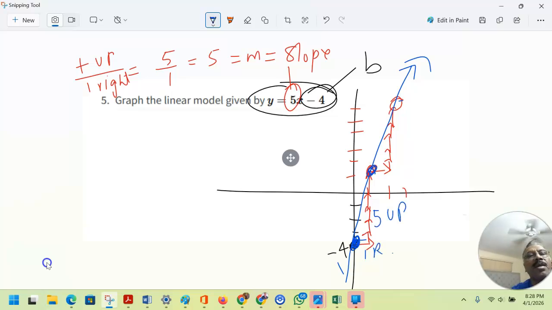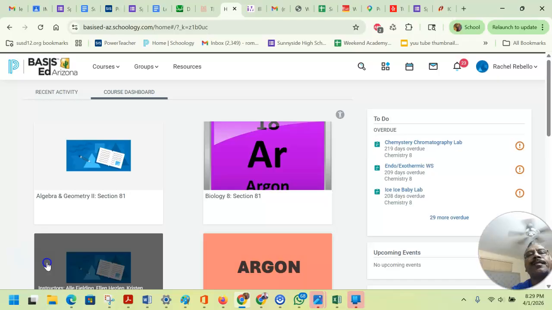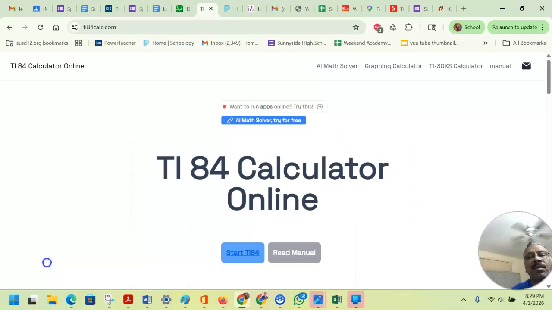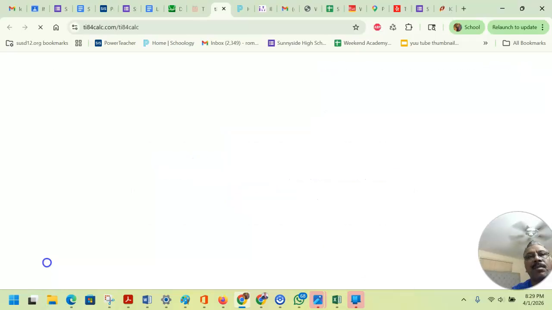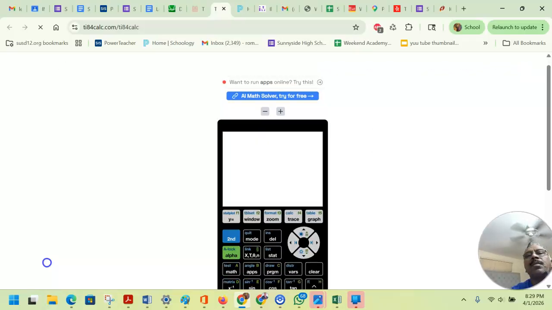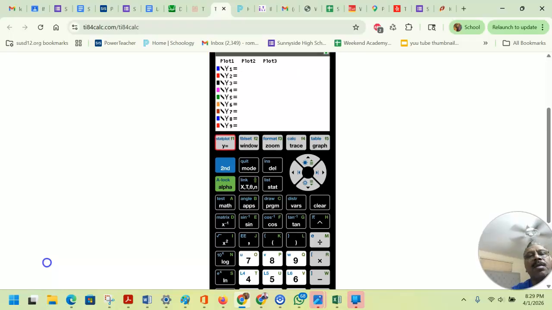If you want to put this in the calculator, one more time I'll try to show, go back here. So this is the calculator. So click on y equals, and what was the equation? 5x minus 5.